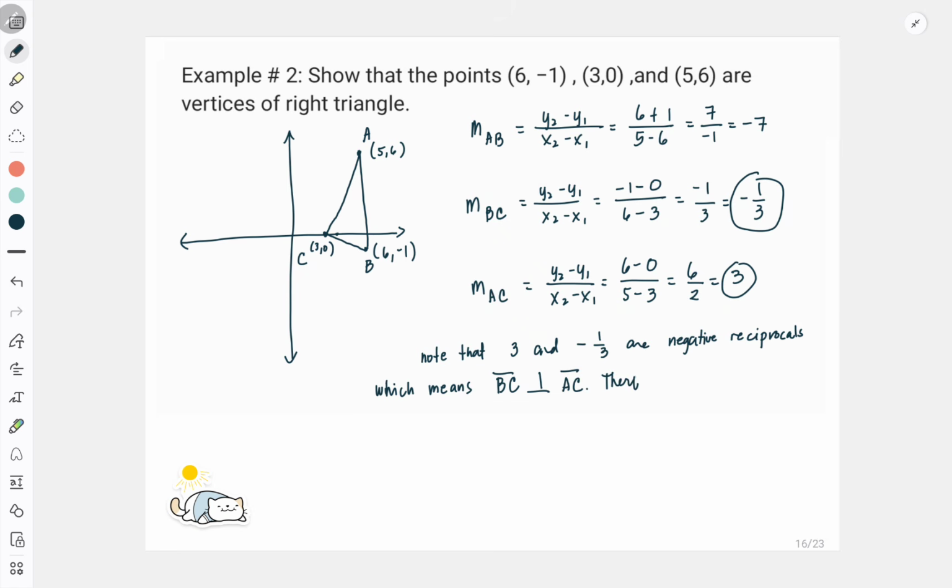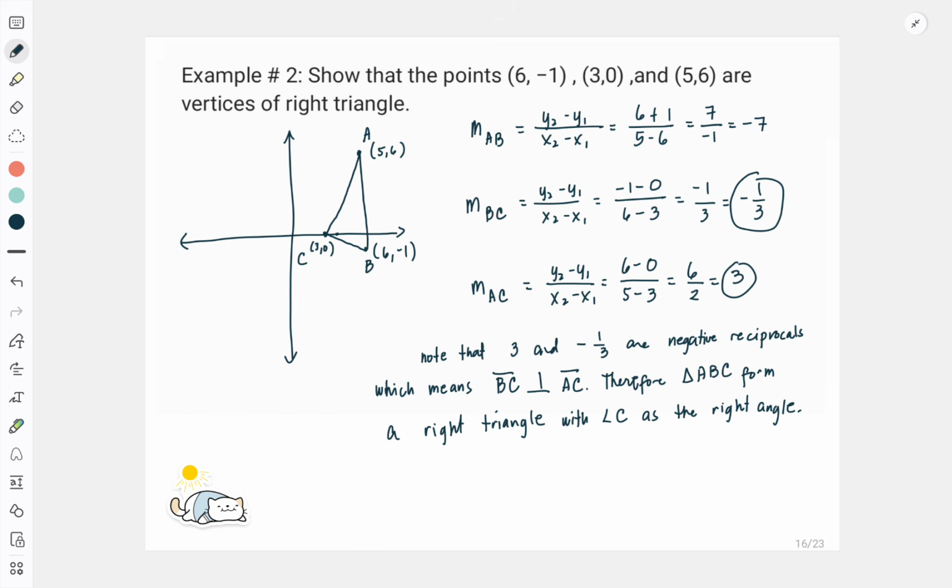Therefore, triangle ABC forms a right triangle with angle C as the right angle, because it is where AC and BC meet, meaning that particular angle, which is angle C, is the right angle of that right triangle.